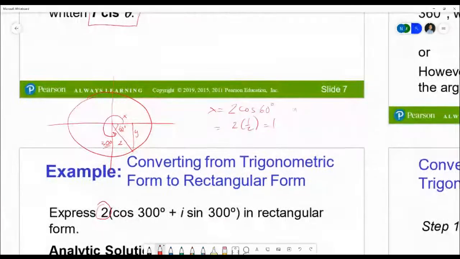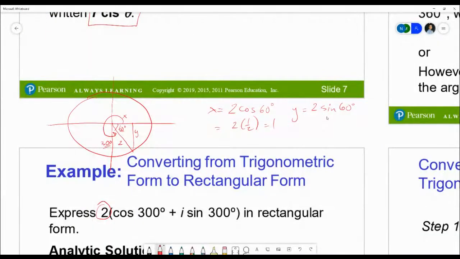However, for the y value, we have 2 sine of 60 degrees. Sine of 60 degrees equals the square root of 3 over 2. That cancels. However, this is our fourth quadrant, so this needs to be negative square root of 3. So that is my y value.